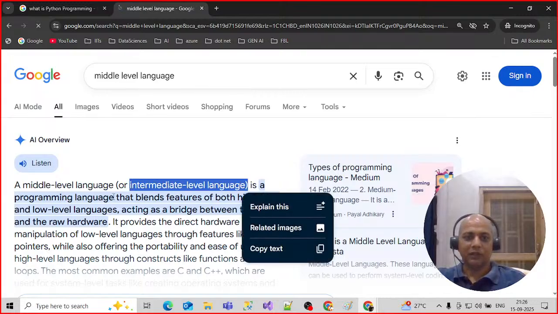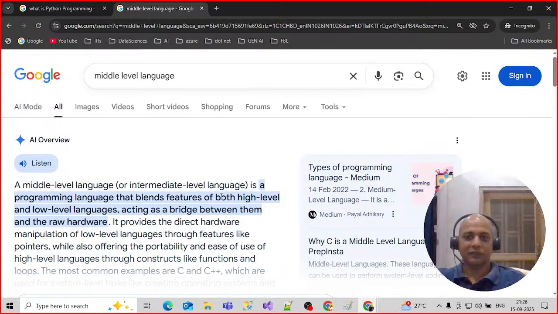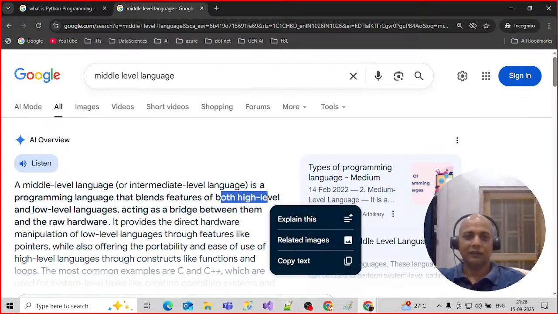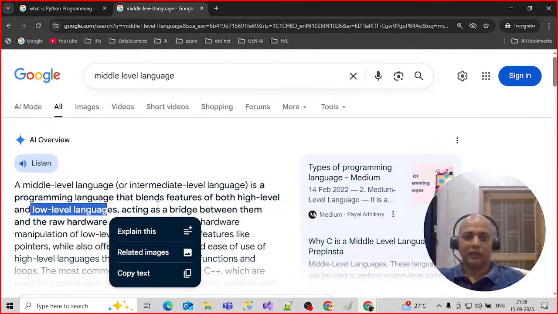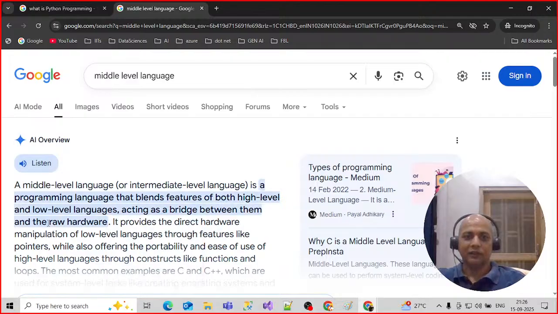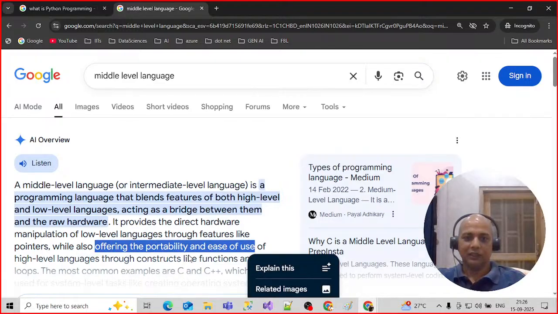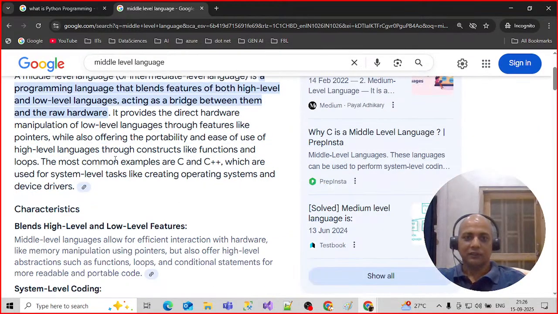It is a programming language that blends features of both high level language and low level language, acting as a bridge between raw hardware and humans. It provides direct hardware manipulation like a low level language, and it has better syntax structure, so rich functions and libraries were also available.